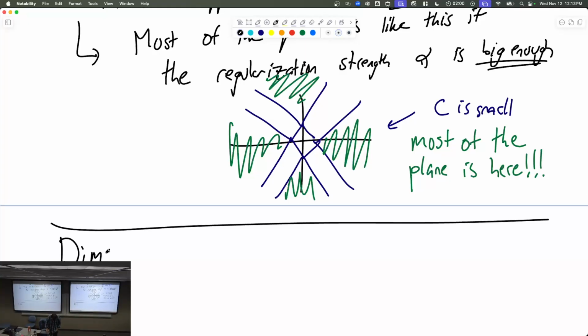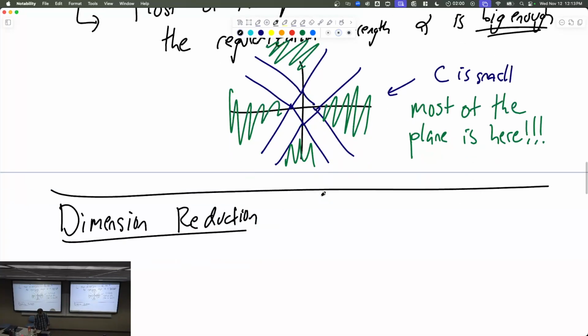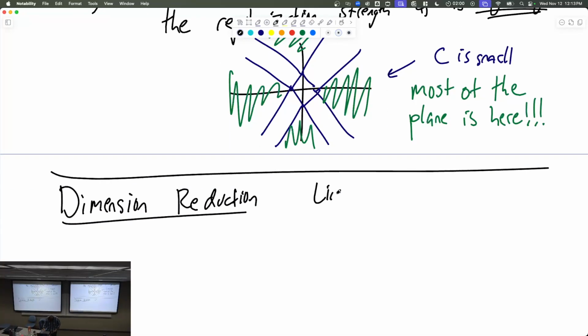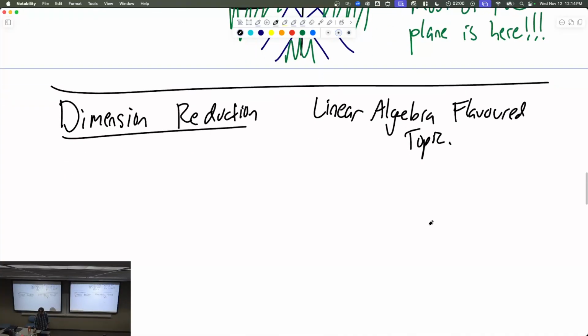Dimension reduction. And this is a very linear algebra focused topic, linear algebra flavored, to start with. And so the idea is this: we have a bunch of points.